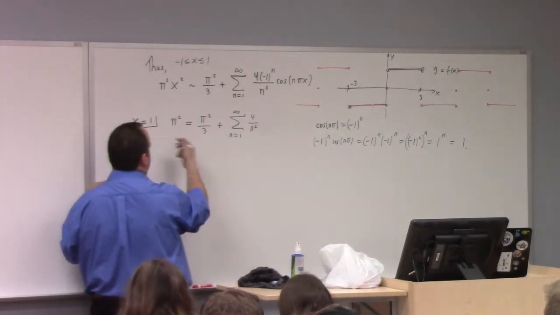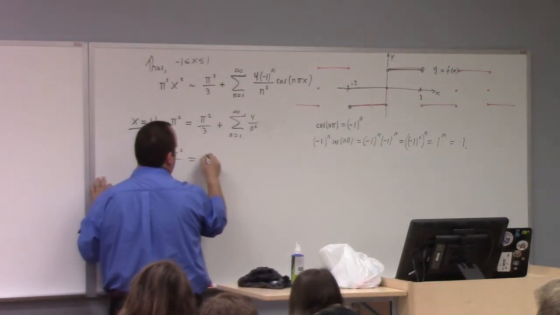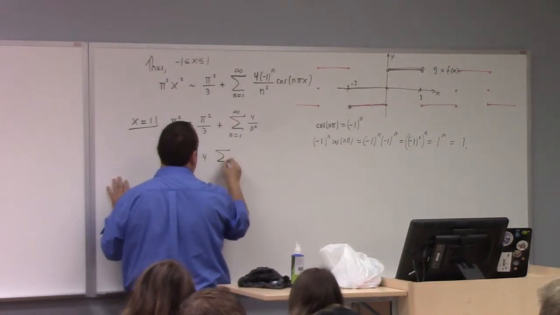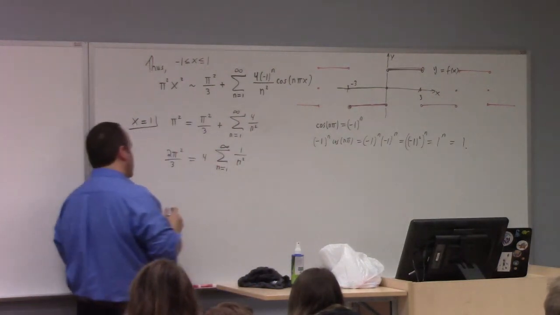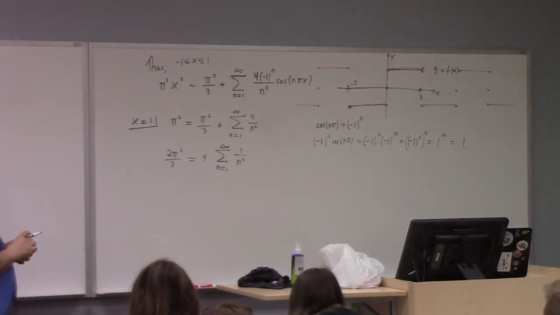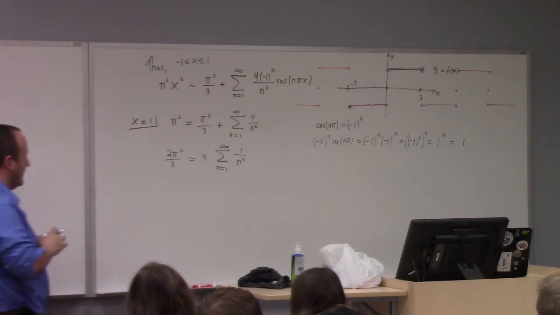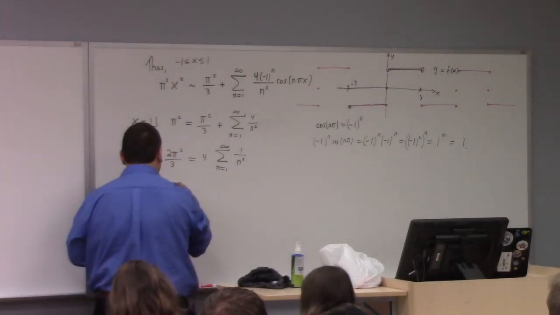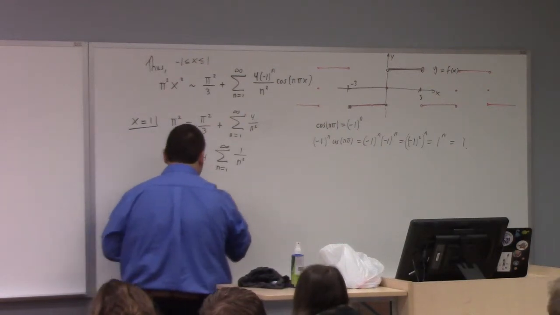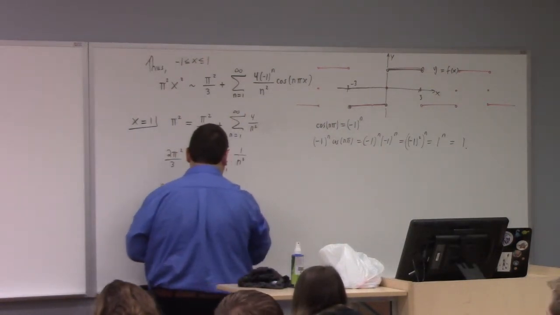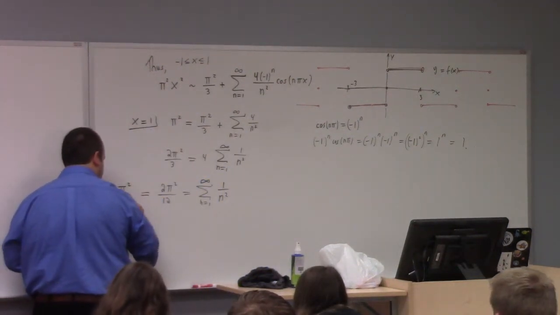So this gives us that 2 pi squared over 3 is equal to 4 times the p equals 2 series, doesn't it? Divide both sides by 4, what do you got? Of course, this is pi squared over 6.